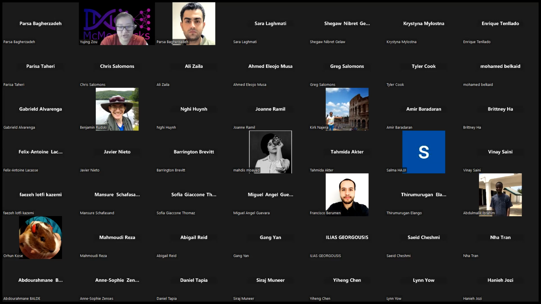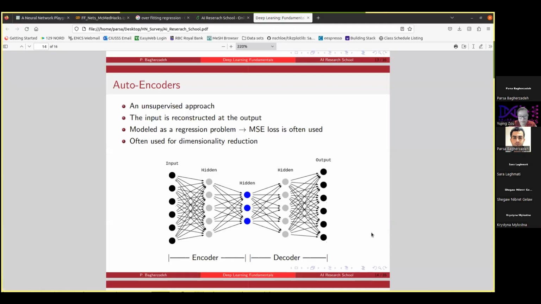So let me briefly talk about autoencoders. Autoencoders are feed-forward networks that are trained in an unsupervised fashion. So far, we have talked about supervised models.